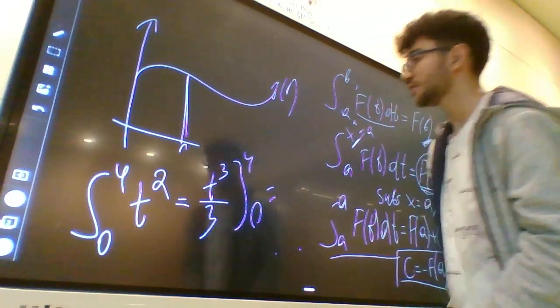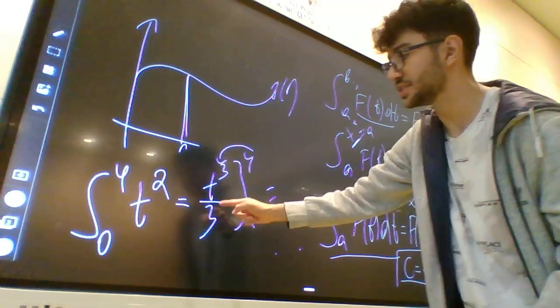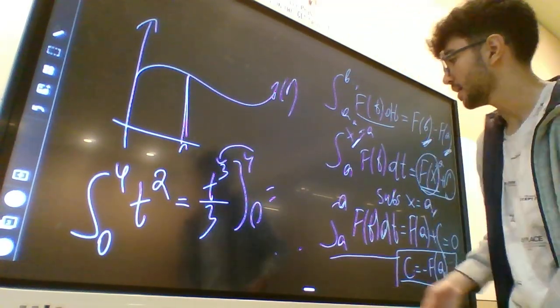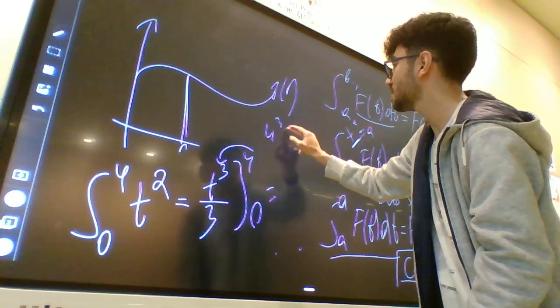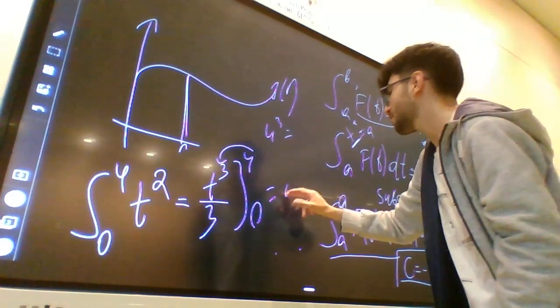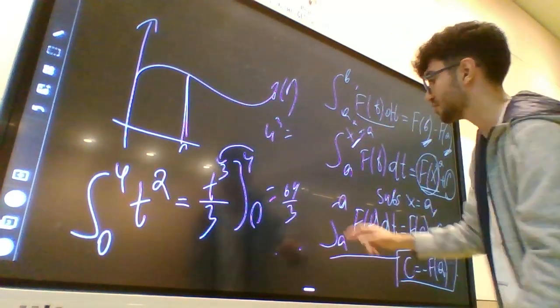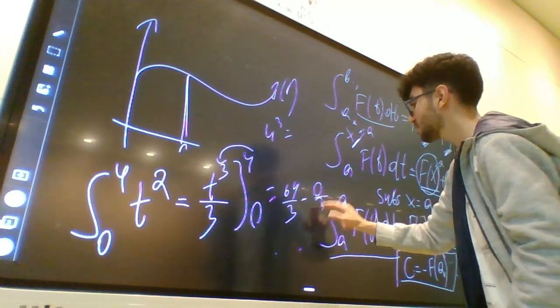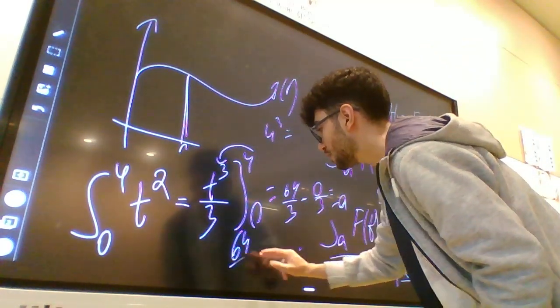It means that first you put 4 instead of t, and second you put 0 instead of t, and you just subtract. So 4 cubed is 64, over 3, minus 0 cubed, which is also 0, over 3. And our answer will be this.